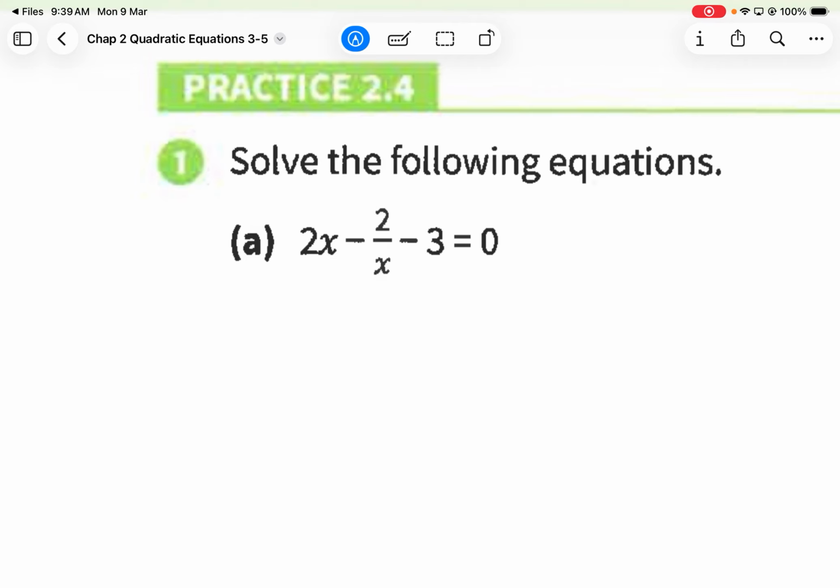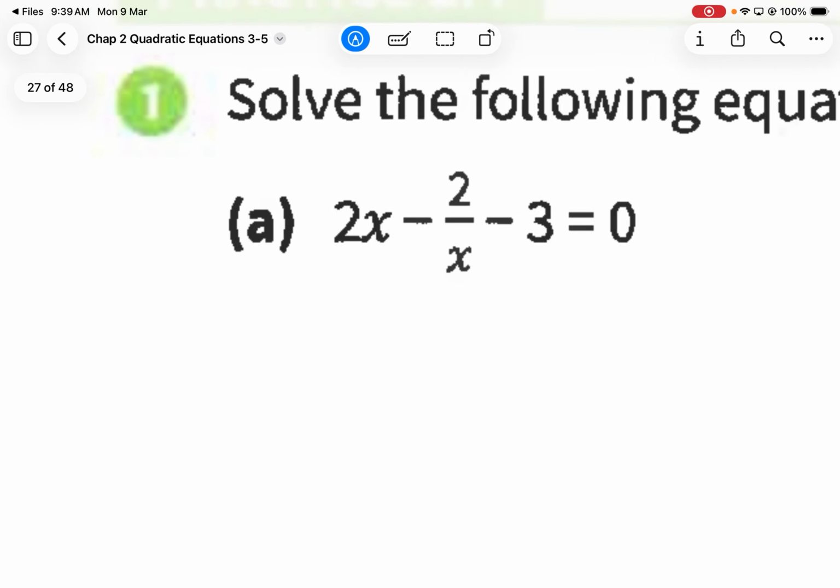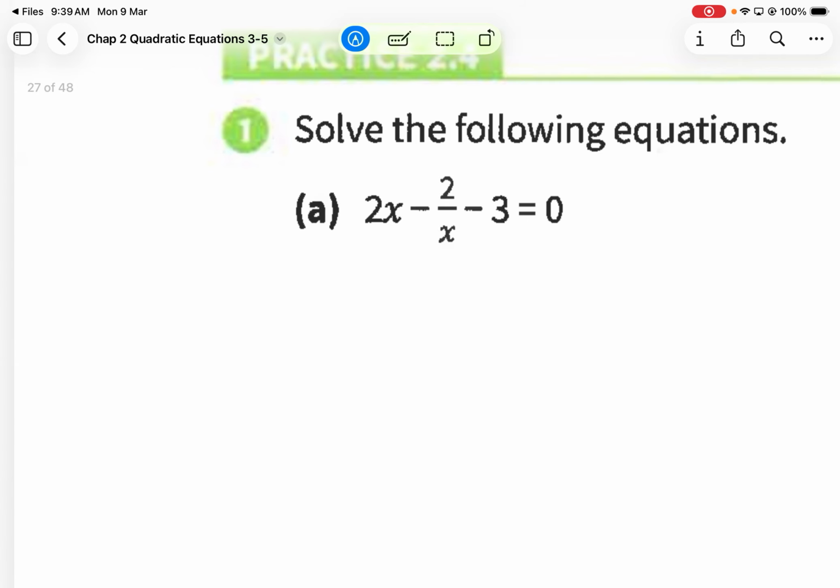In the form that we want, we don't have any x in the denominator. So the first step, if I want to solve this equation, is to remove the x from the denominator. How can I remove the x from the denominator?